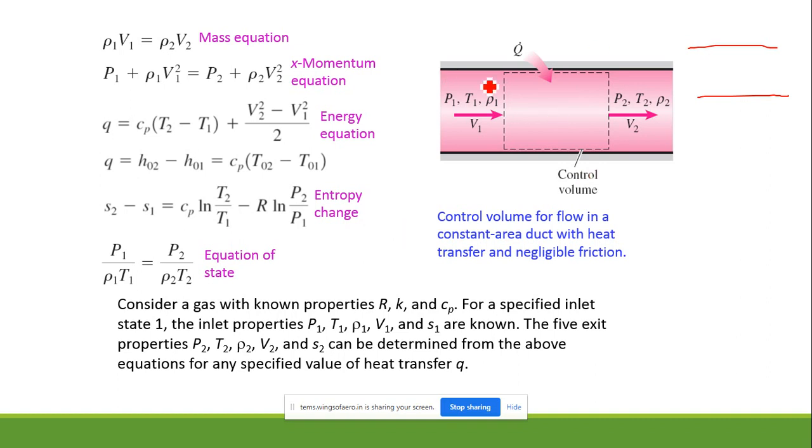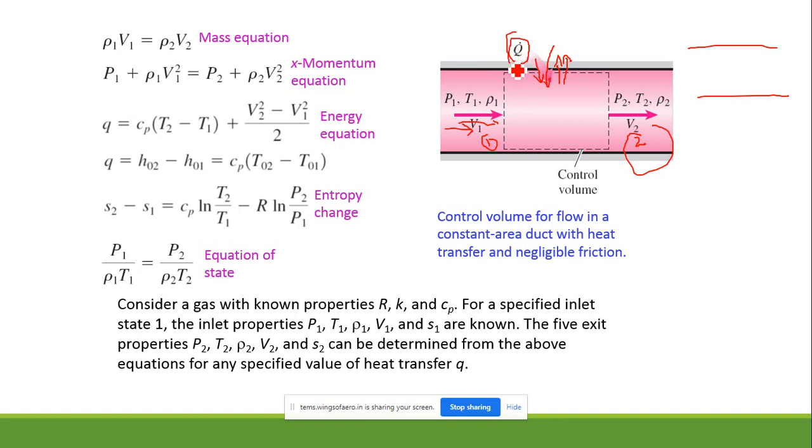First of all, we are taking a control volume. This is region 1 in the control volume, and this is region 2, and this is the selected area. The flow passes from region 1 to region 2. Between these regions, heat will be added to the control volume from the surroundings, or heat will be rejected from the control volume to the surroundings.